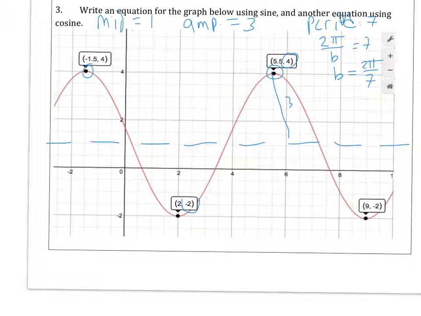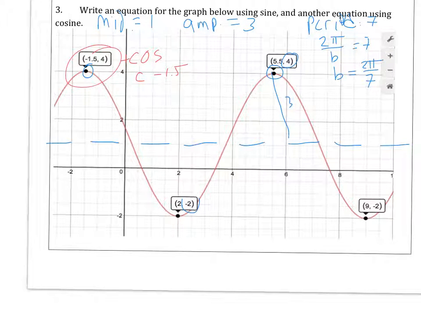Okay? I've got midline, I've got amplitude, I've got period. Now I've got to think about what my sine and cosine values are going to be. First of all, I need to find a cosine equation because I've got a max, and that's easy to find. So that means that for cosine, we're starting at a positive cosine, and this is going to be a c value of negative 1.5.